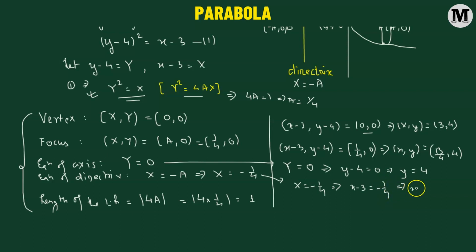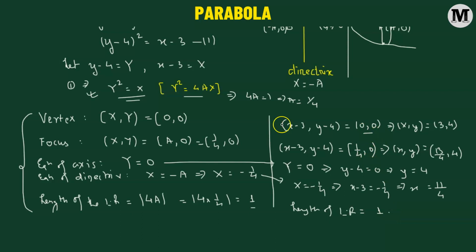Solving for x, we get x equals 3 minus 1/4, so we're going to get 11/4. That's going to be the equation of the directrix. And the length of the latus rectum is going to stay as 1. So the length of the latus rectum equals 1.